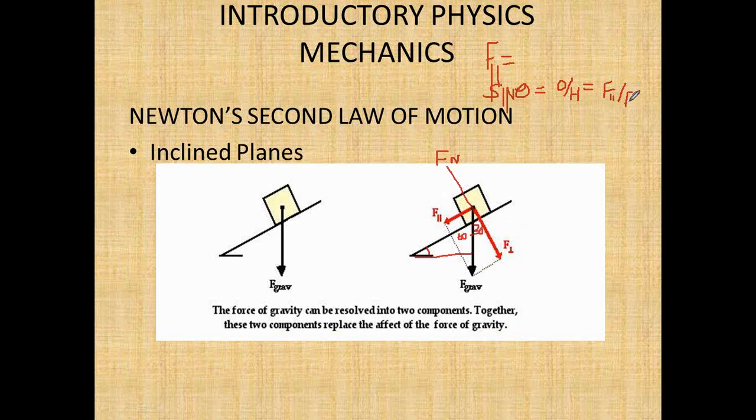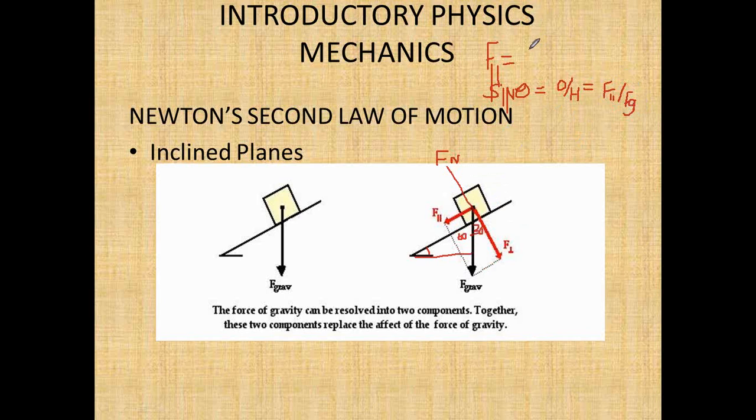Right? Remember that the force due to gravity will resolve. But that's the hypotenuse. So if you're solving for the parallel component of an object on an inclined surface, that parallel component is going to equal the force due to gravity. This is G, by the way.